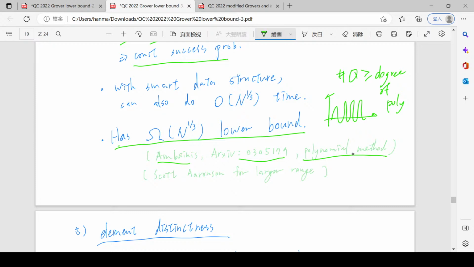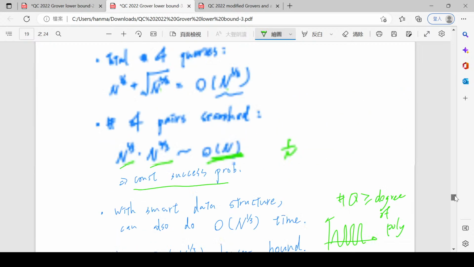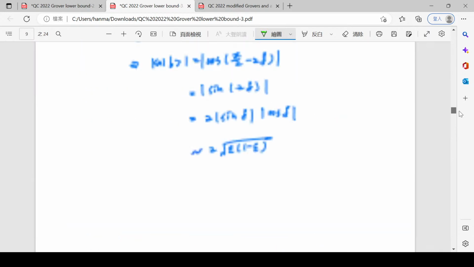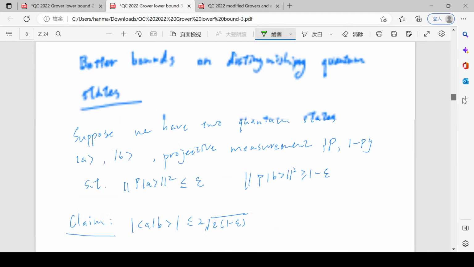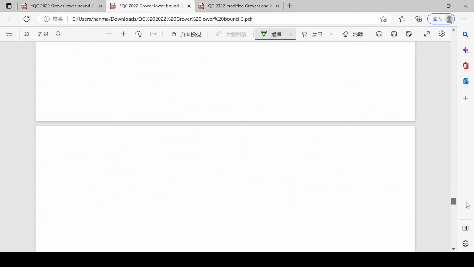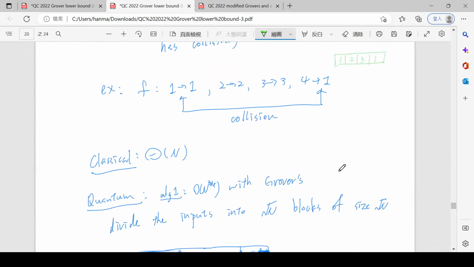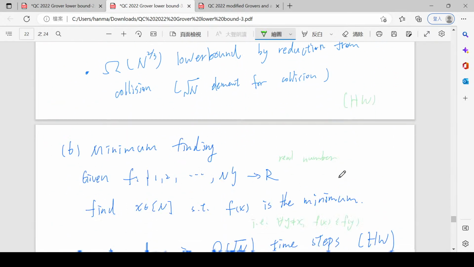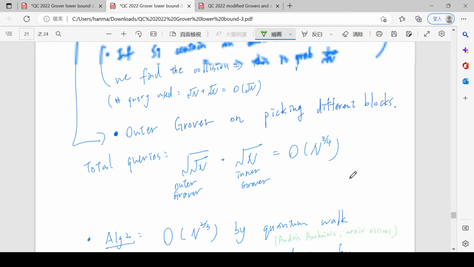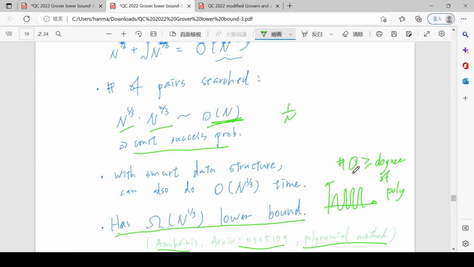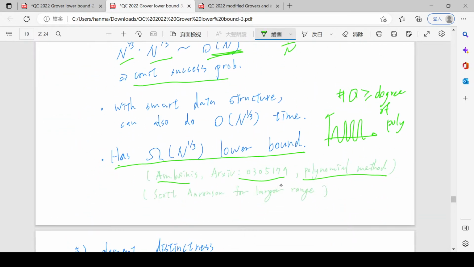And also, the way we proved our Grover lower bound is called the adversary method.